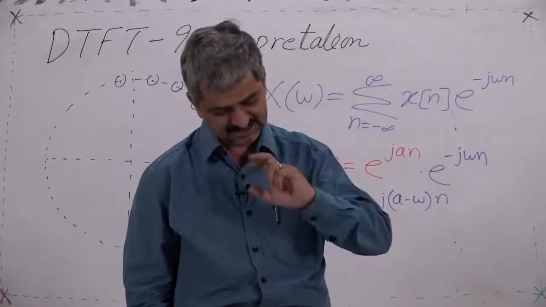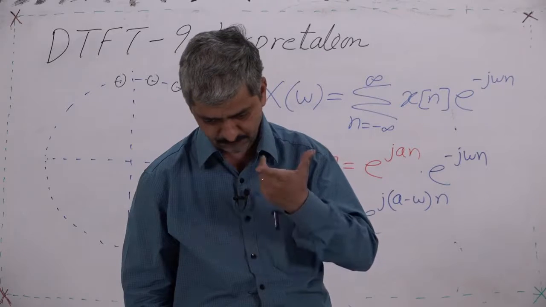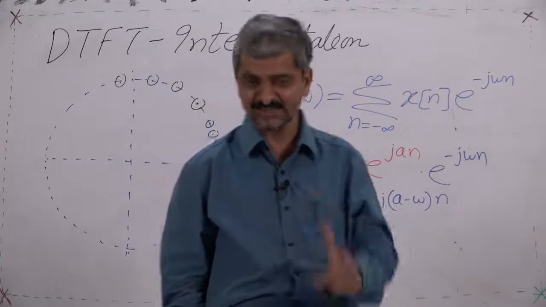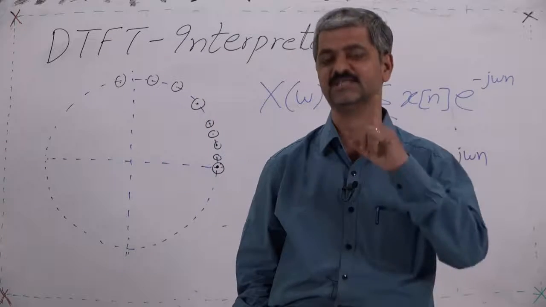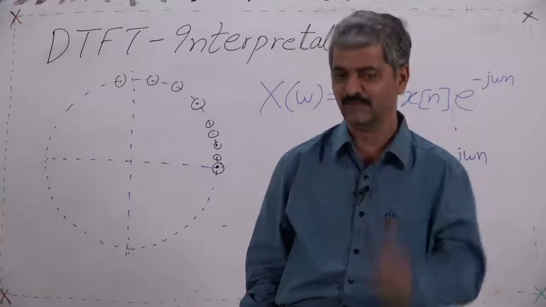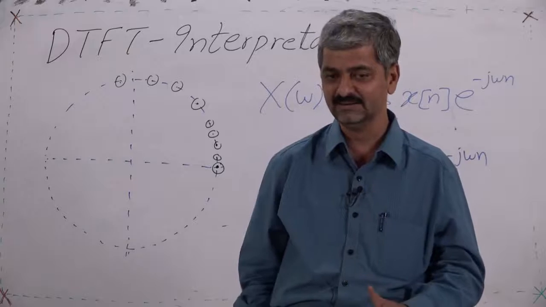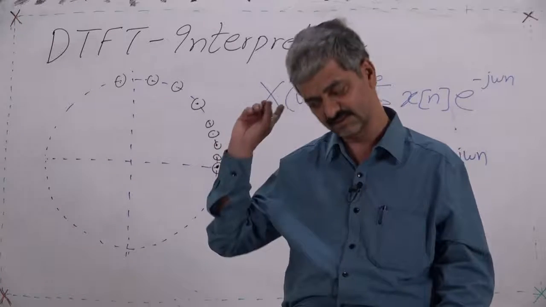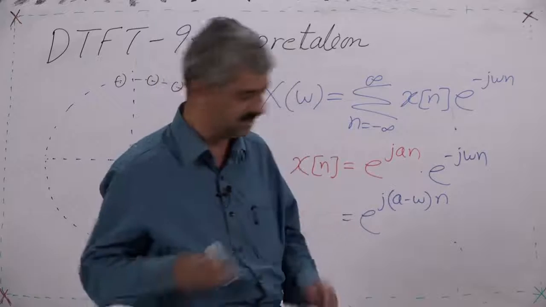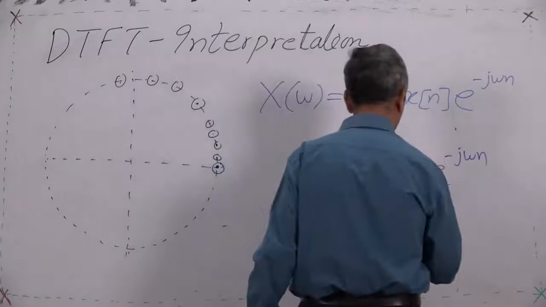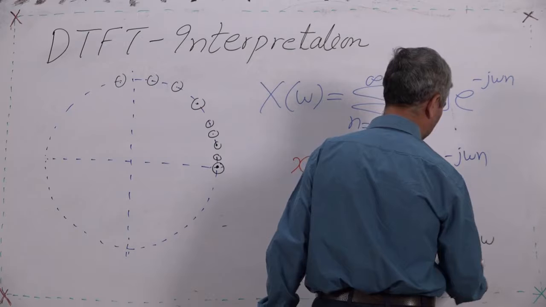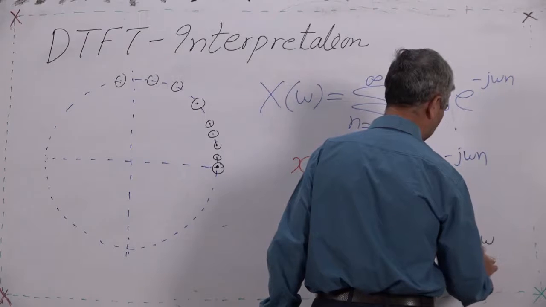So, the net product of sequence and weights is a rotating point, and this rotating point is to be summed for all values of n, and then we get two options, just like in integration we discussed yesterday. Here also we get two options, a equal to omega and a not equal to omega.